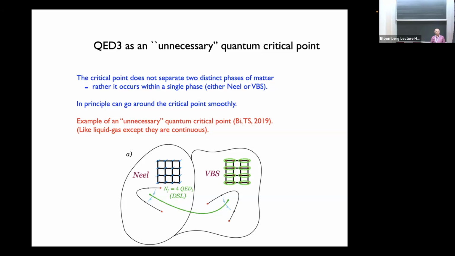If people put additional terms in the Neel and they see Neel to VBS, then they see things that look a little bit like spin liquids. Yeah. So they see this very weak first order transition, right? And they see this emergent SO5 symmetry. There's very good evidence for that. As you go across, you get close to the green line, it's got to become arbitrarily weak, right?